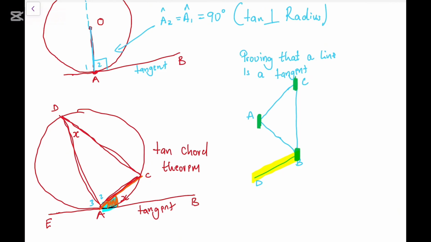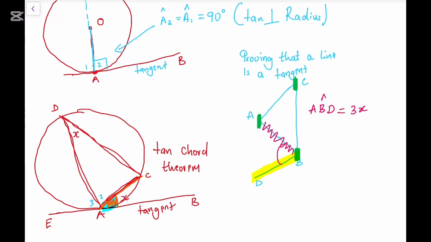So to prove that, you need to calculate, here is your chord, you need to calculate this angle here. So I can call it angle ABD.